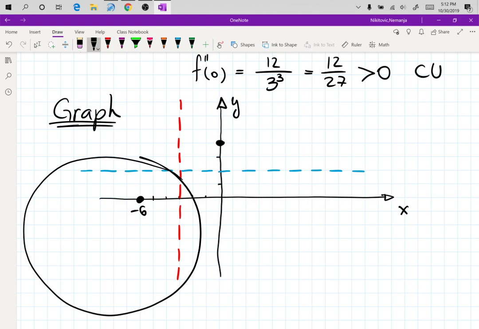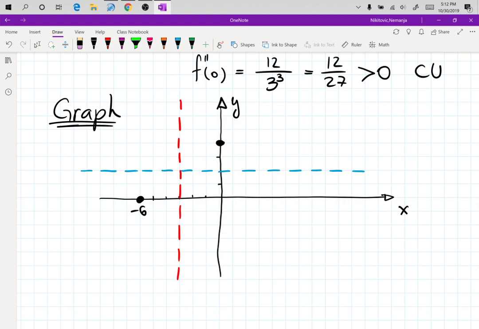Well, the only thing I can do is follow the blue and red asymptotes while going through -6. That's the only thing I can draw. There's nothing else you can draw that would be decreasing and follow the blue and follow the red, because those are the asymptotes that it has to obey and bend around.